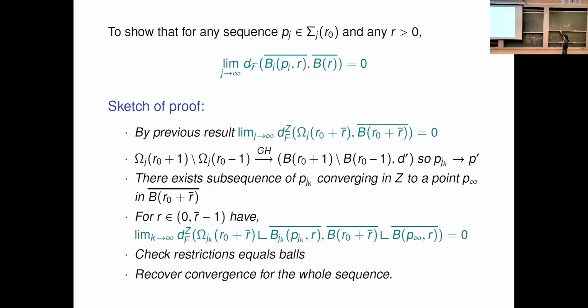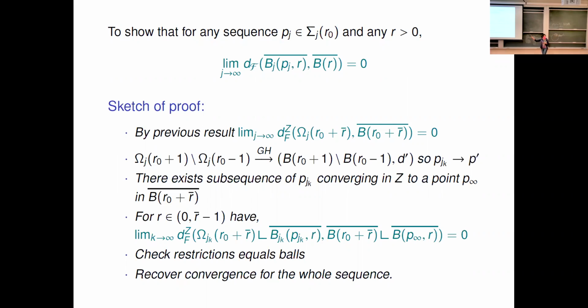So here we have omega infinity, or let me write it, B with this big R, so R0 plus R bar. Here could be P infinity, and this could be the restriction. So I'm intersecting this limit ball with this ball, but if this P infinity happens to move while it converges, then it only converges to this part. So we have to be careful about this.